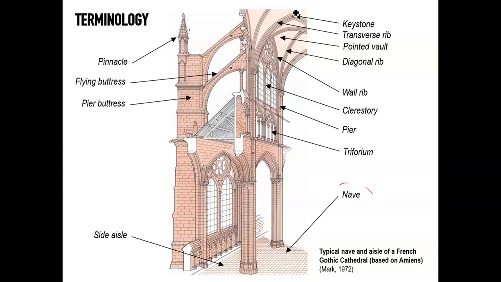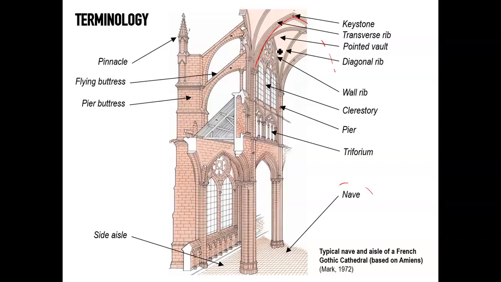Now, Gothic architecture can be understood from top down, so we can start here from the top. We discussed the pointed vaults. The point where two pointed arches meet is still known as the keystone, but you have transverse ribs, which are the ribs that define the vault, and they are the arches that define the spacing and the span over the nave.